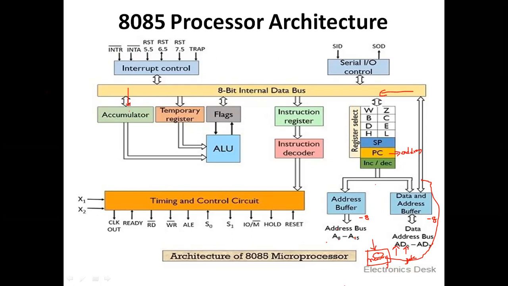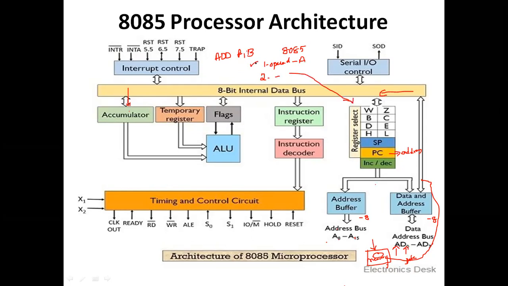Suppose, for example, I want to add A comma B. No doubt in 8085, the first operand will be stored in the accumulator, the A register, and the second operand will be stored in either of these registers.